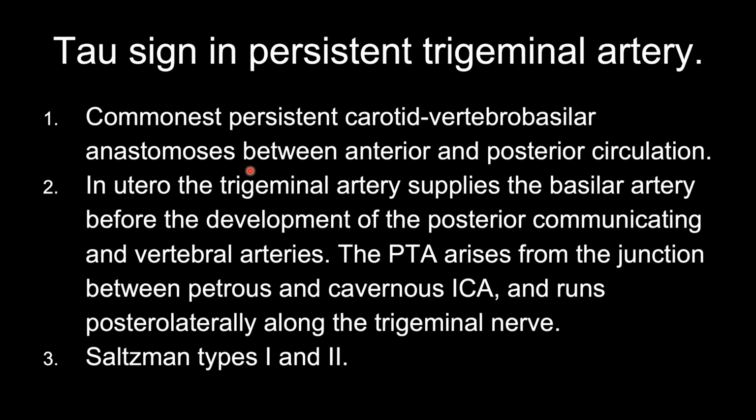This is not pathology, these are just anatomical variants. So the trigeminal artery in the fetus arises from the internal carotid artery, commonly the petrous or the cavernous ICA, and then supplies the basilar artery. There are classifications of these depending on what part it supplies. However, they are not that clinically relevant.